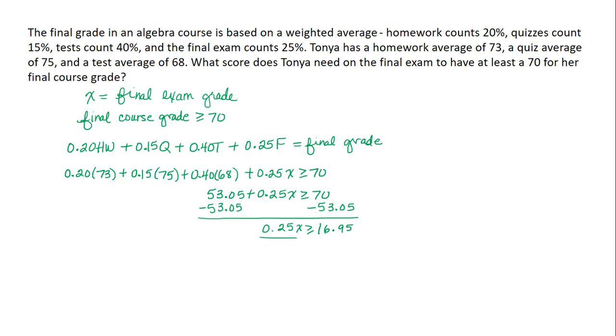Divide each side by 0.25 to get x is greater than or equal to 67.8. This means that Tanya needs to score at least a 67.8 on the final exam to have at least a 70 in the course.